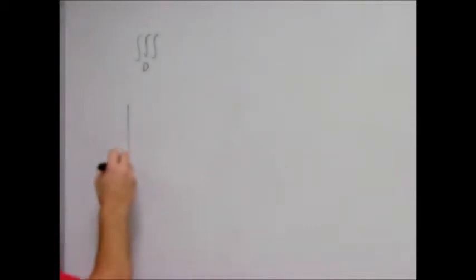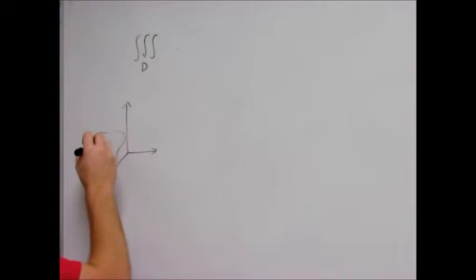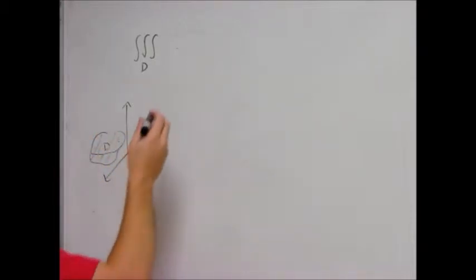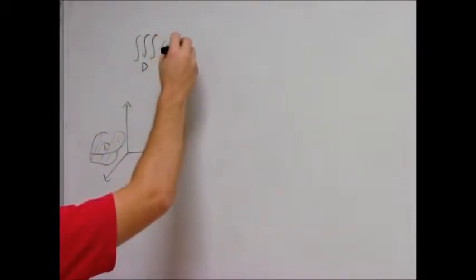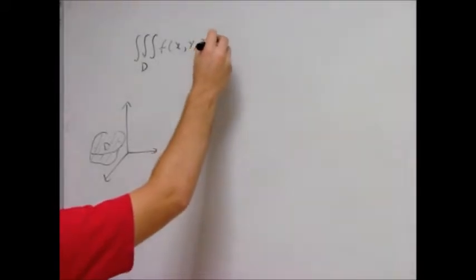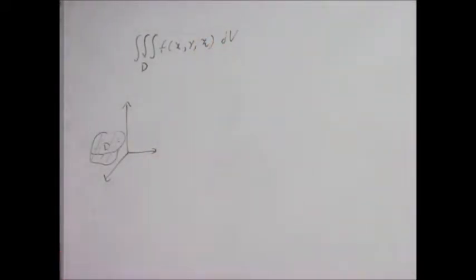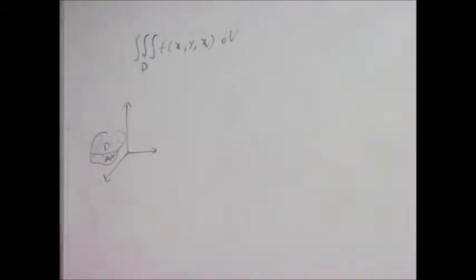Basically you're integrating over some region, say D, a three-dimensional region, some region in space, D, of some function of x, y, and z, dV, which of course corresponds to the volume element, a tiny slice of your region.